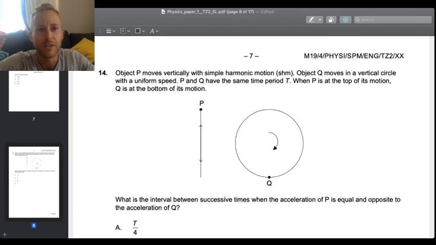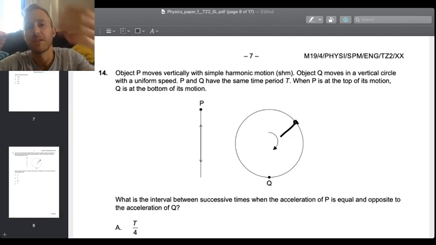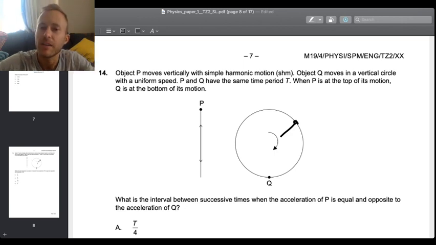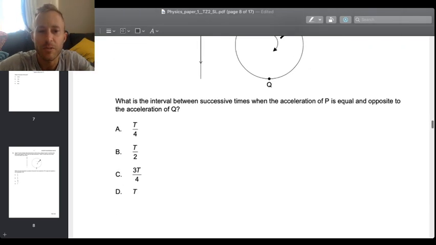And the reason for that is if, let's say Q is right here, then the acceleration points towards the center of the circle, which can't be opposite the acceleration of mass P, because P's acceleration is always pointing up or down. So it has to be when it's at the bottom and at the top, and there's half a period between being at the bottom and being at the top. So I would say the answer is B.